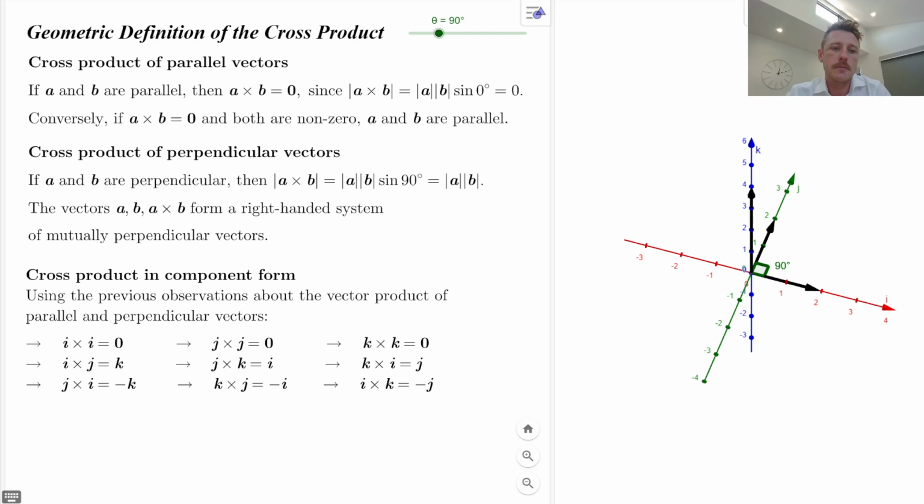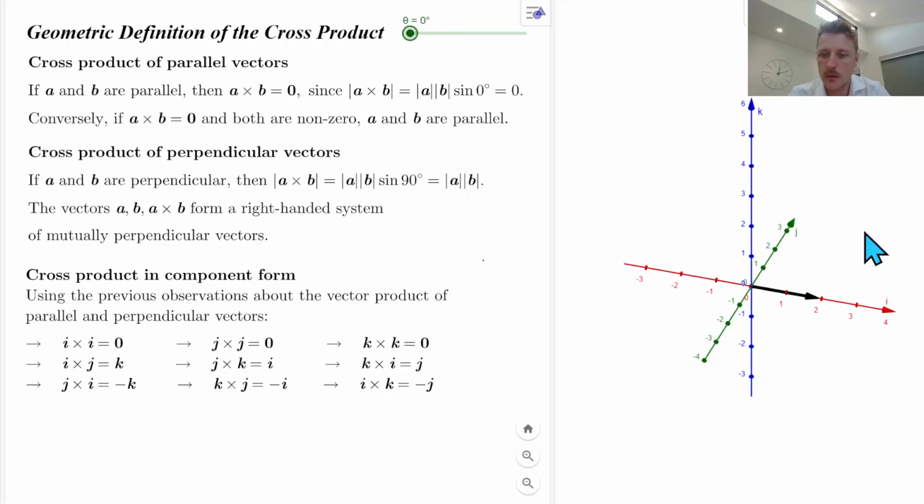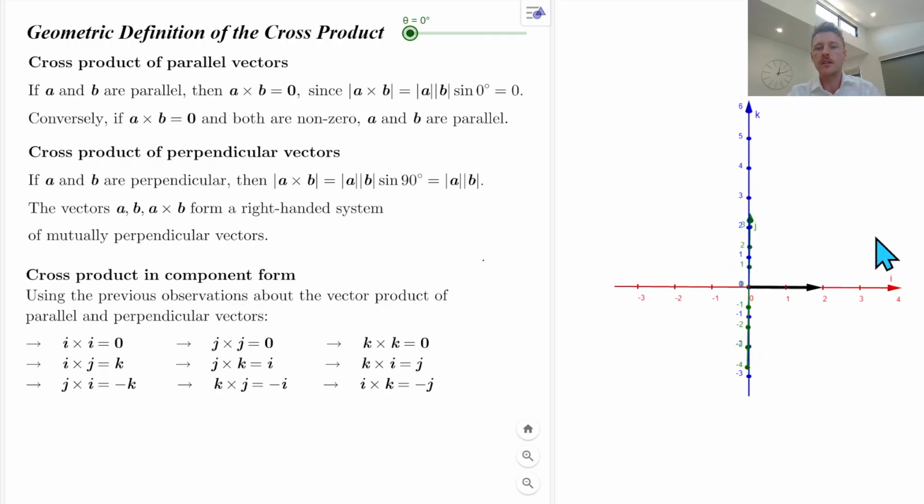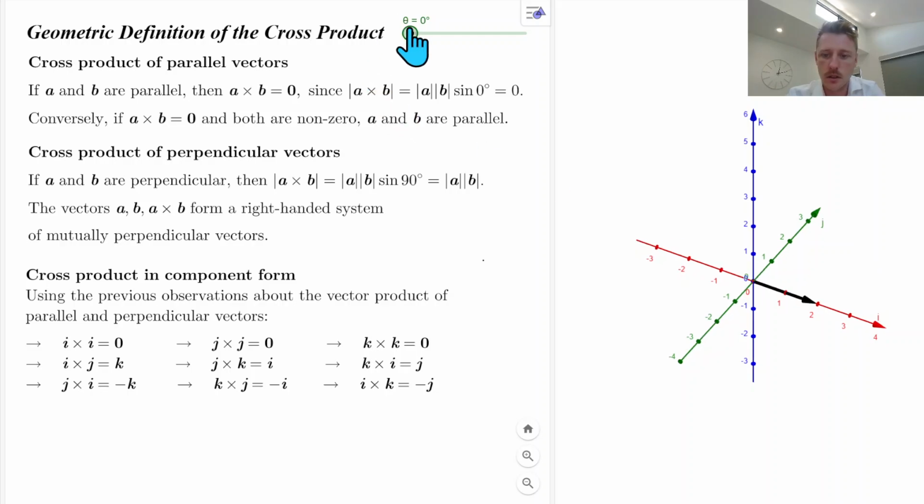Let's look at when we start to take the cross product of parallel vectors. If we have two vectors A and B and they're parallel, then the cross product is equal to 0. You'll notice here we've got a bit of a diagram. If two vectors are parallel, then the angle between them is 0 by definition, right? Just for explanatory purposes, if I change the angle, you can see that another vector appears.